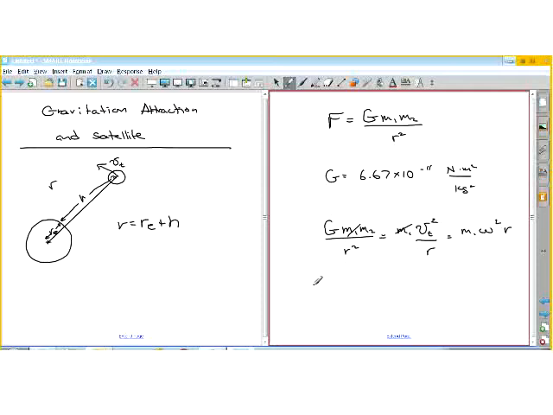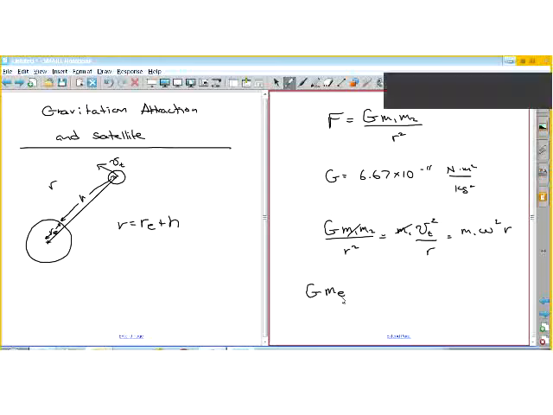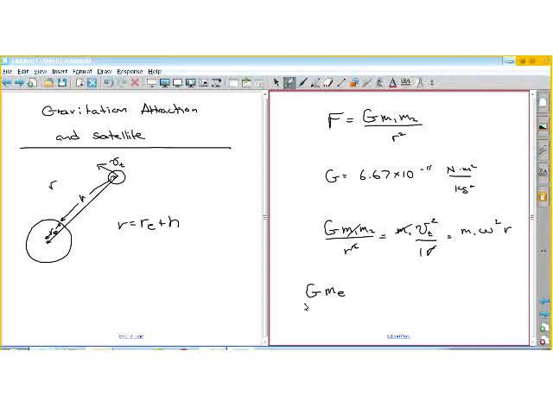So there are two versions you can come up with. One is G times M sub E, assume it's the Earth, or whatever planet or the Sun is at the center of this rotation, divided by r. Now notice you have r squared here, so you can cancel one of those out. So we get G M sub E divided by r is equal to the tangential velocity squared.